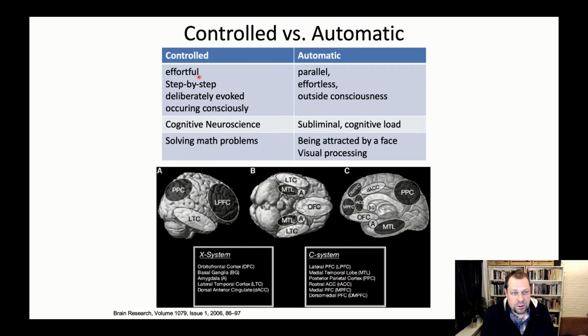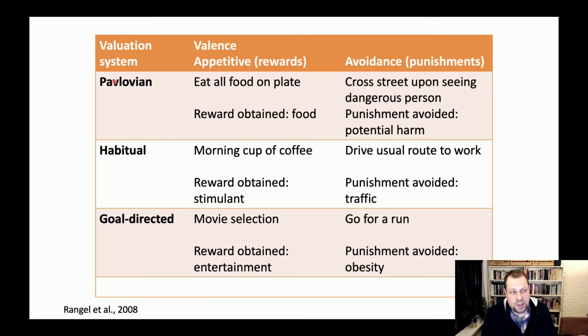But as a sort of side note, the distinction between these systems is that they lie on a continuum between controlled versus automatic processes, with the most automatic one being the Pavlovian system, the habitual system then in the beginning being a controlled version of the Pavlovian system in a sense, but then becoming more and more automatic as you establish habits.